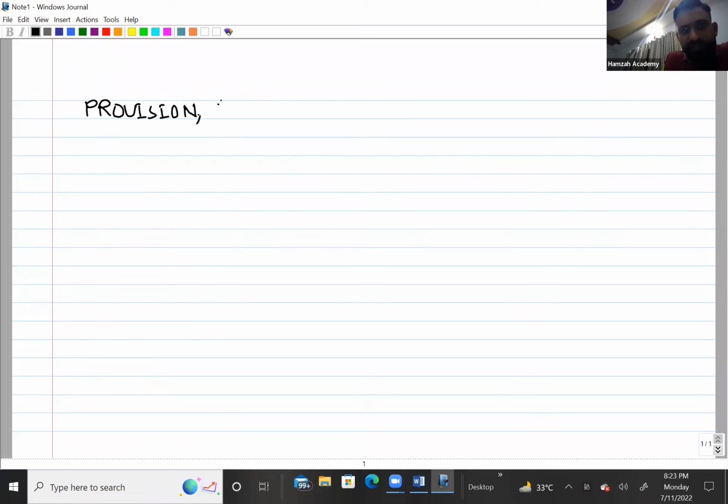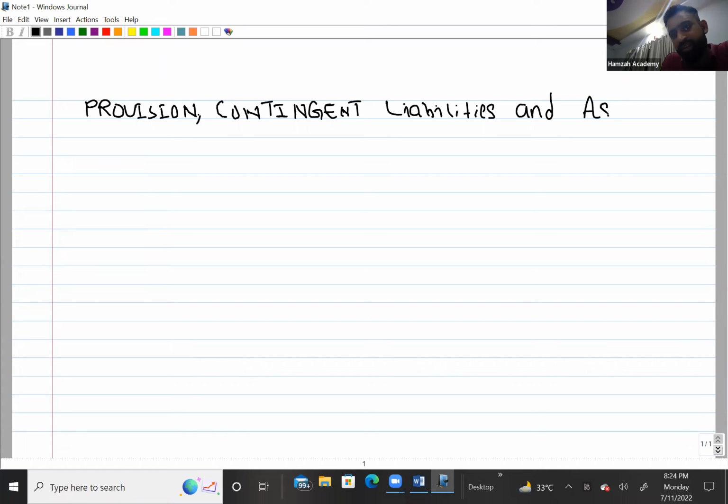So the standard is provisions, contingent liabilities, and contingent assets.